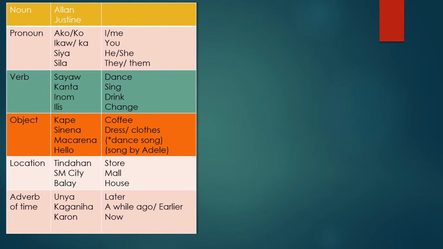In this table, we have the nouns, pronouns, the location, the object, and the adverb of time. For this part 1, I'm going to share with you 2 sentence formulas.